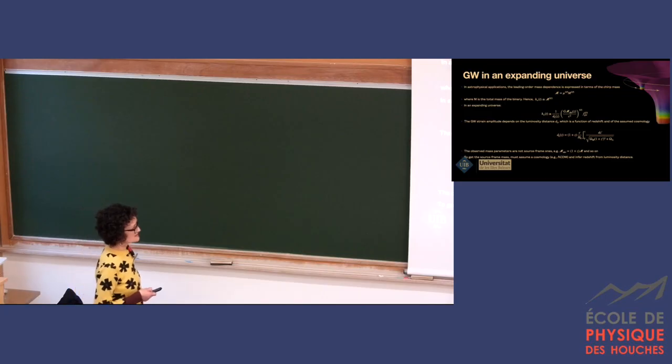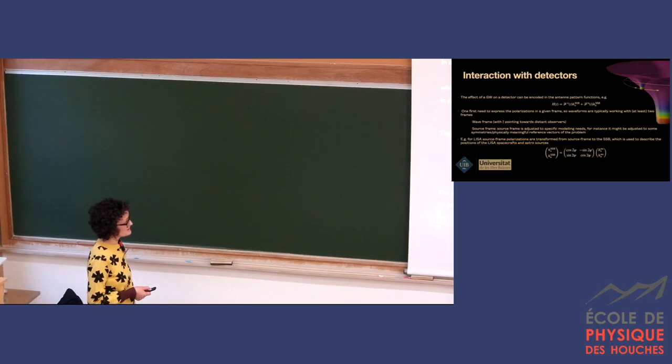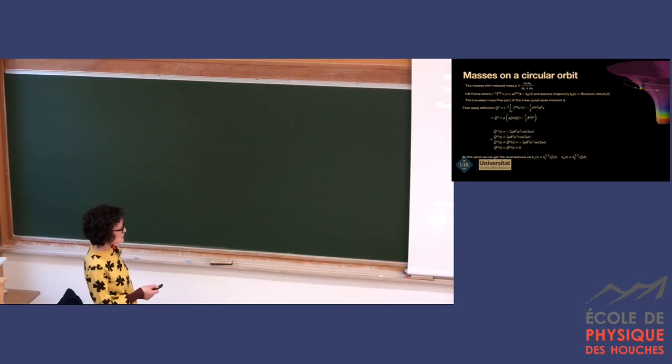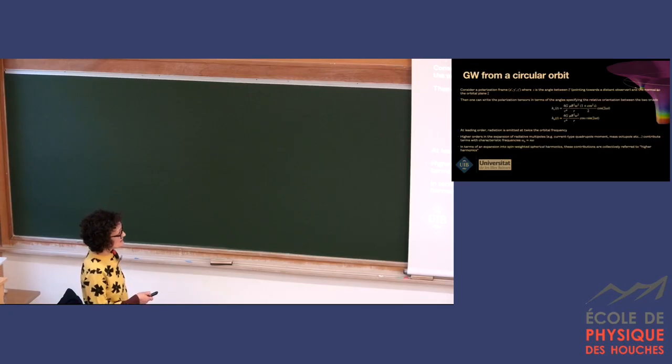And again, just the last two slides for concluding. We saw in the derivation of the polarization sourced by circular motion earlier here that we had these simple expressions in terms of the reduced mass because we were working with test particles, so we were simplifying a lot of physics.